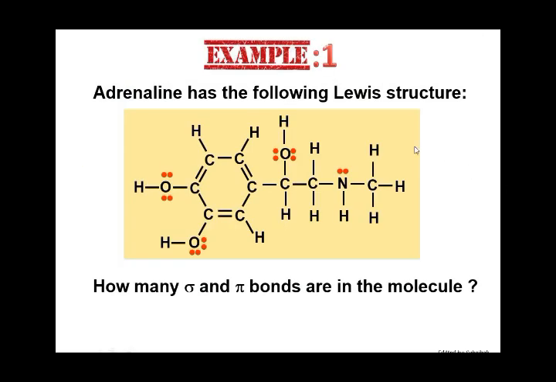Example 1. Adrenaline has the following Lewis structure. How many pi bonds and sigma bonds are in the molecule? This is sigma. This is sigma. Sigma. Sigma.